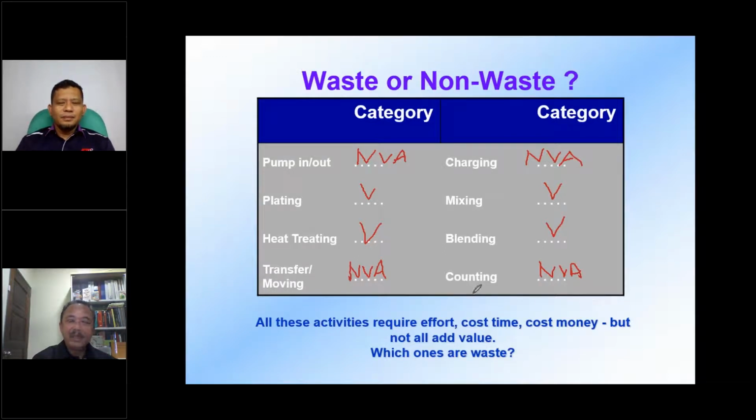Since we cannot get rid of that process, sometimes you want to spend less resource there, and that's why you just mentioned adopting Industry 4.0, to minimize the time and resource that we spend there.